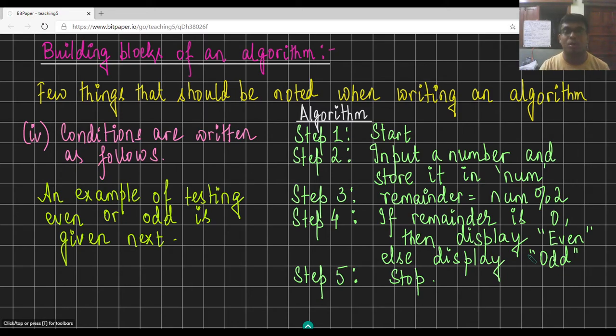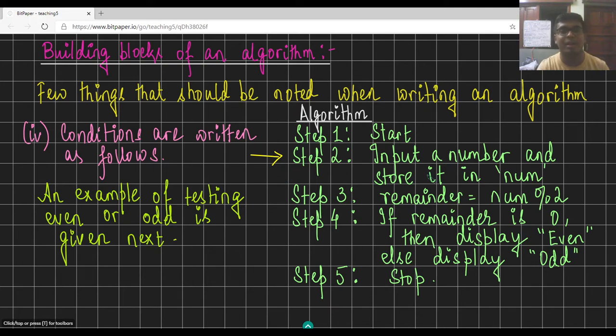Now, before going on with the algorithm, I need to say something first. I said in the very first slide that an algorithm must address three components of a program: input, processing, and output. So in step 2, we are actually addressing input, right?